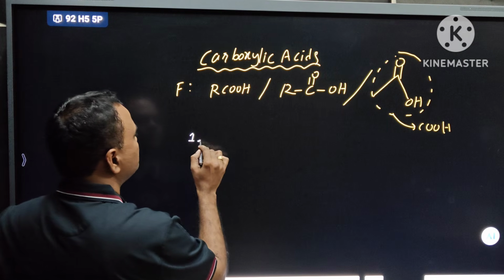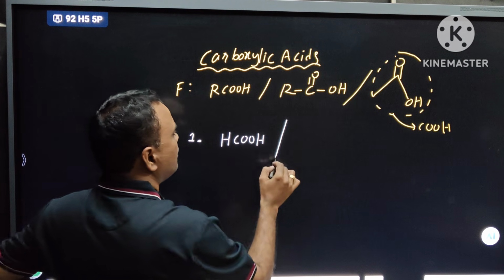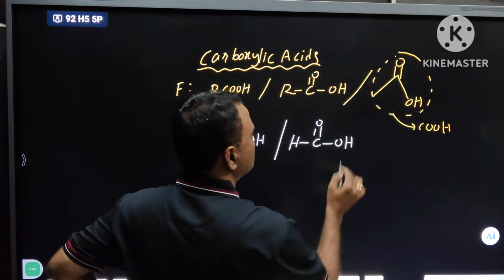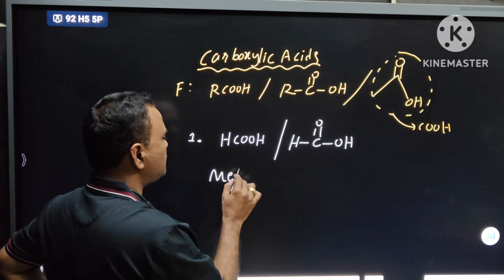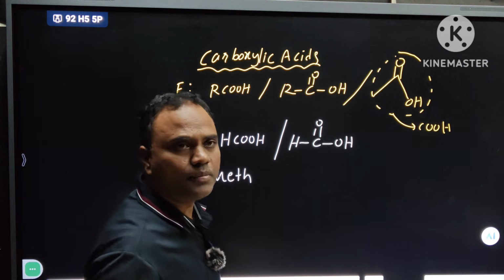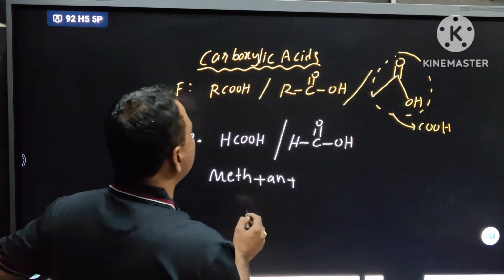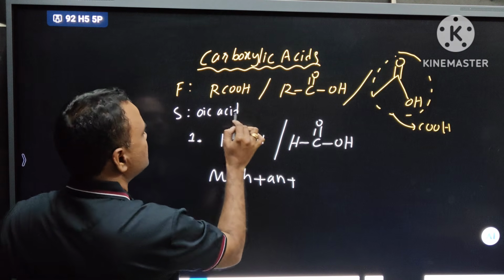First example, HCOOH or H-C double bond OH. One carbon is there, meth. There is no carbon double bond, so ane. And in case of carboxylic acid, what is the suffix? Oic acid.